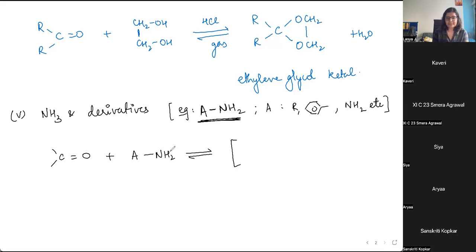just like with alcohols, the nitrogen is going to lose one of the hydrogens, and you end up getting this sort of a compound. NHA and OH.